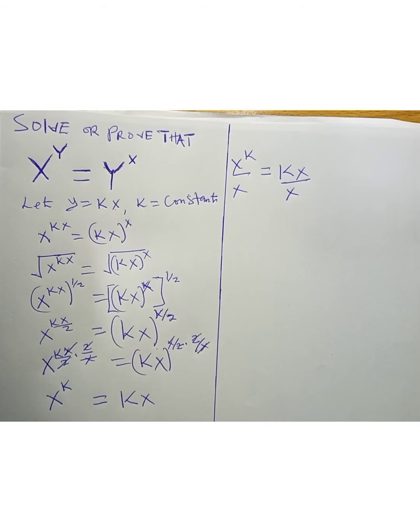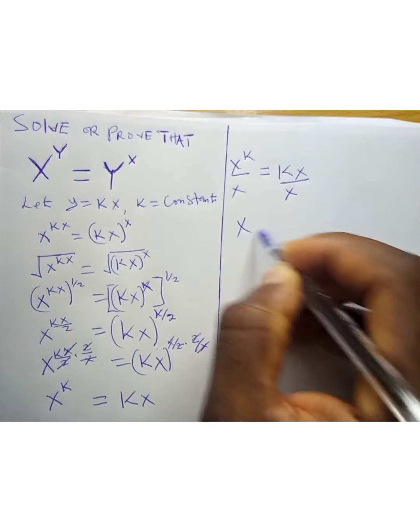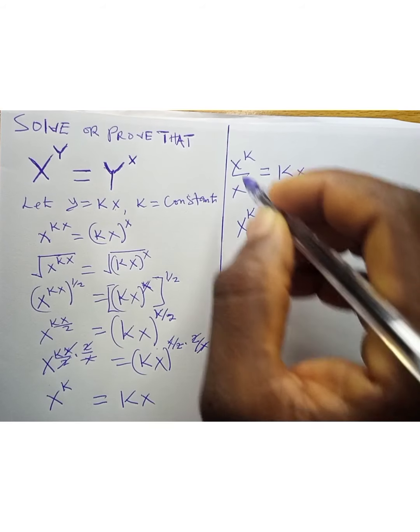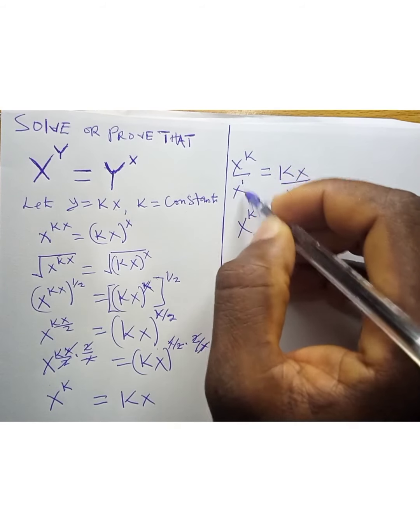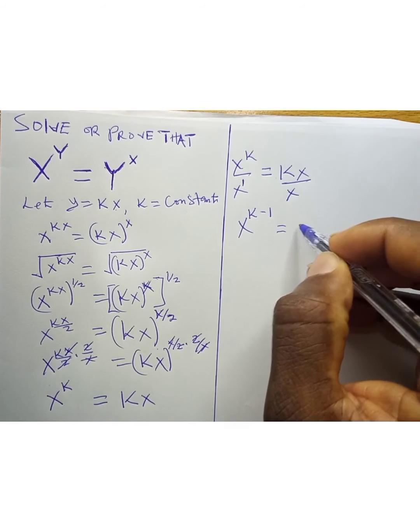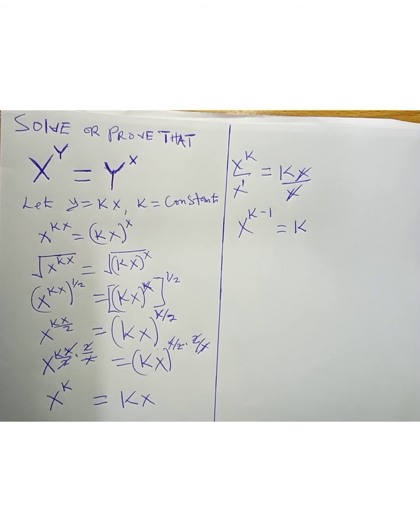So what are we going to have in total? We're going to have x raised to power k minus 1, because the power of x here is 1, from the rules of indices, so we subtract, equals k, because this will cancel this. That is what we have.